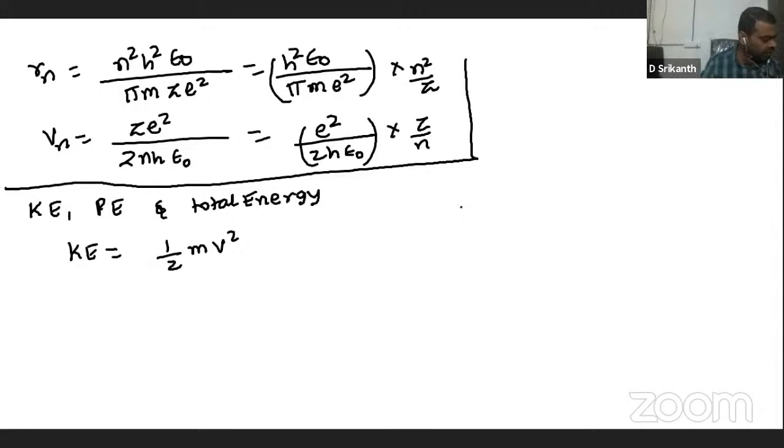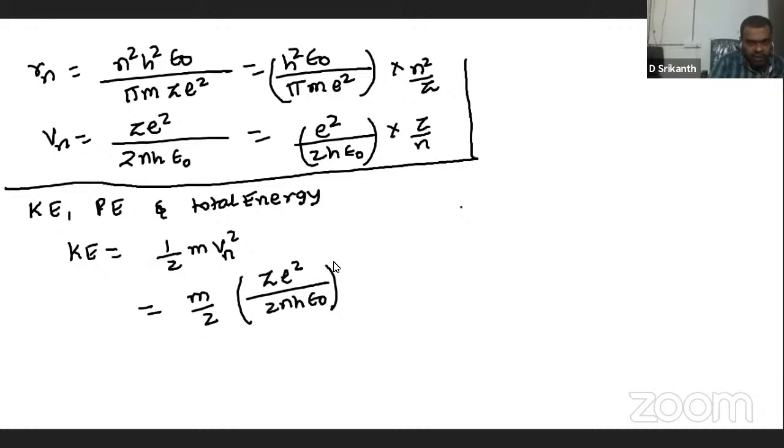That is, we are going to find the kinetic energy of an electron in the nth orbit. Substitute the value of the velocity of the electron, that is Ze square by 2nh epsilon naught whole square.